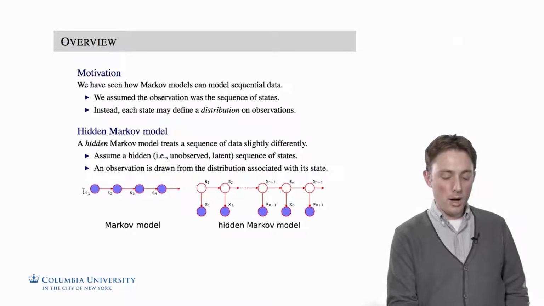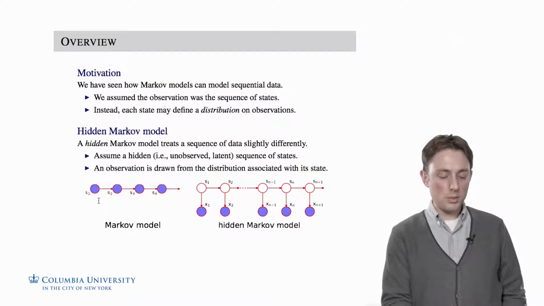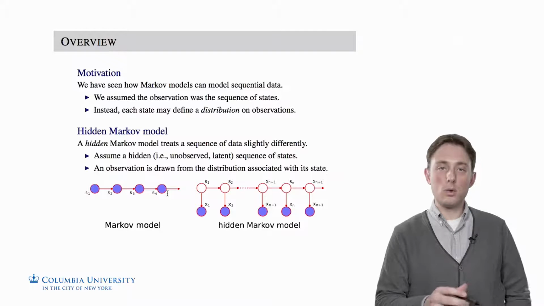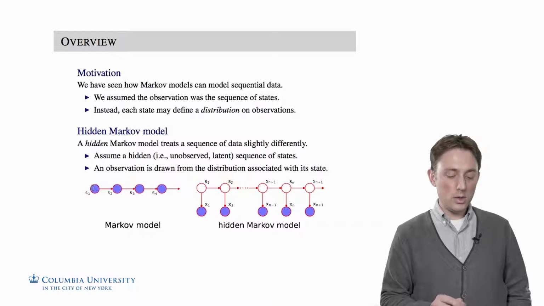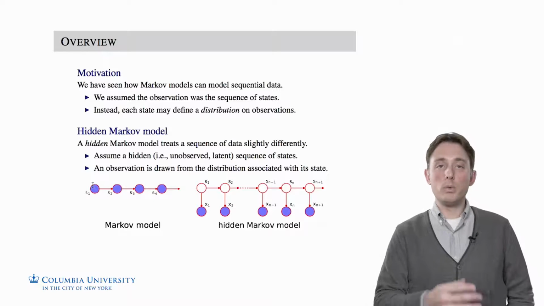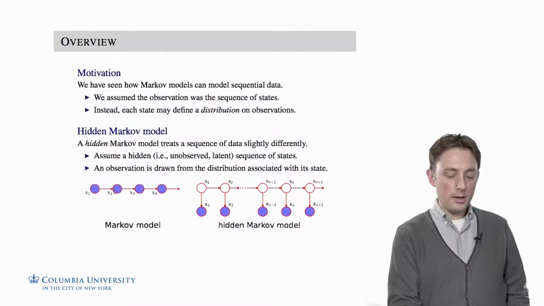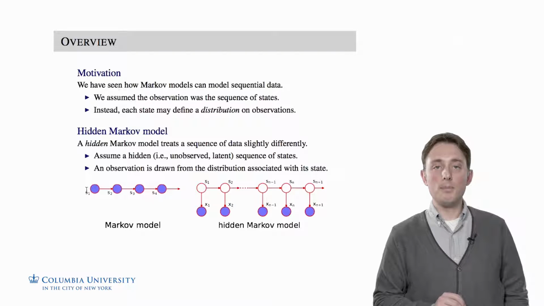With the Markov model, the way we constructed the generative process was we assumed that we were transitioning from state to state. So here's a sequence of 4 different states. Our data sequence would be 4-dimensional, and each of these nodes would be a number between 1 and s if we have s different states, and the value of the state at time 2 depends on the value of the state at time 1 based on the Markov transition matrix.